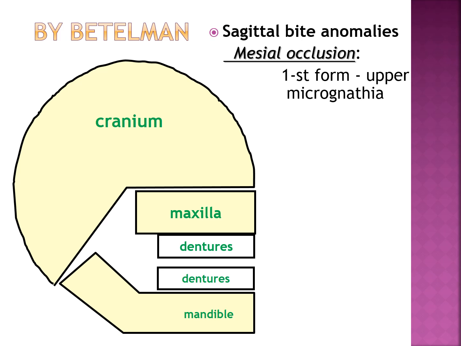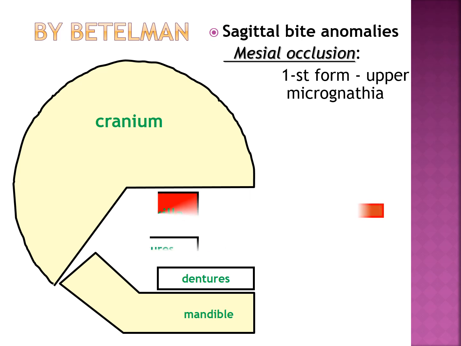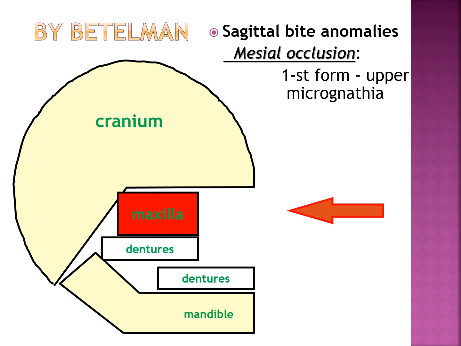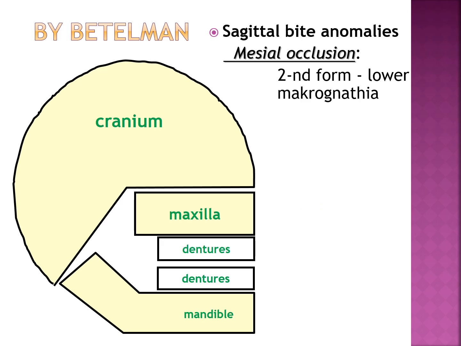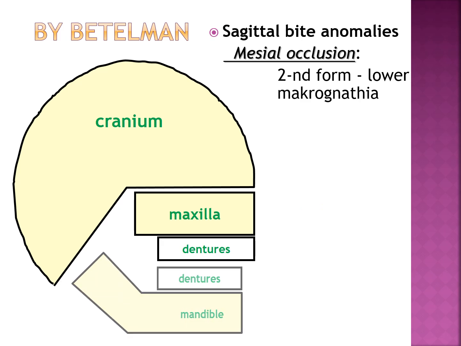The same principles Bettelman used to classify mesial occlusion. First form, upper micrognathia, distal position of maxilla. Second form, lower macrognathia.